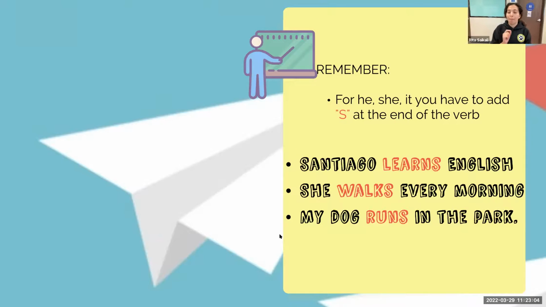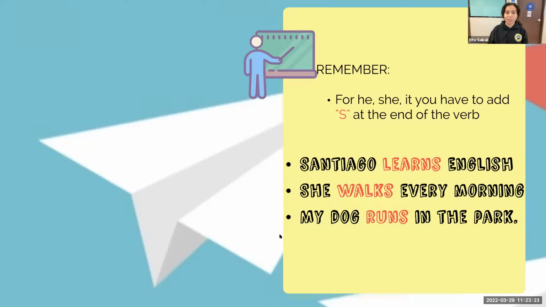So my dog runs in the park. If I were to say the dog, would anything happen to the verb? No. The dog runs in the park.